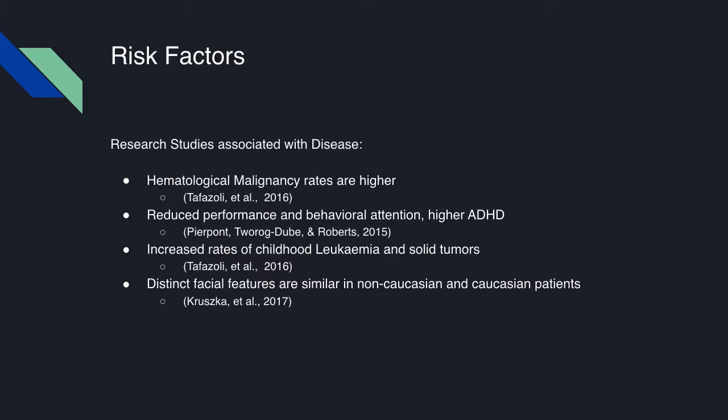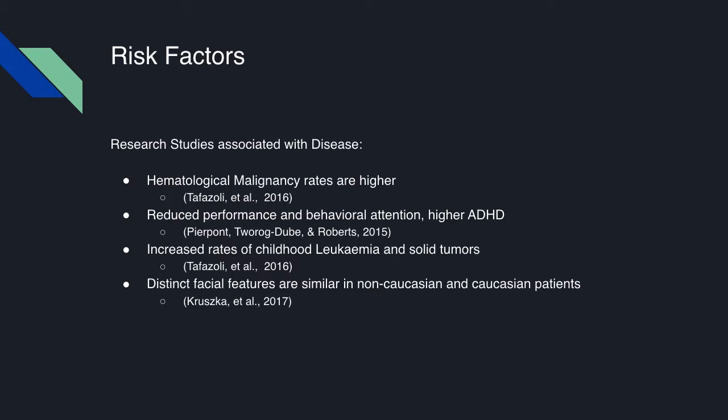And so we have research studies that help back this up. We have hematological malignancy rates that have been shown to be higher in patients with Noonan syndrome compared with other cancers. The next study we decided to look at showed that children with the disease have higher rates of ADHD diagnosis, as well as reduced performance compared to unaffected siblings and other children.